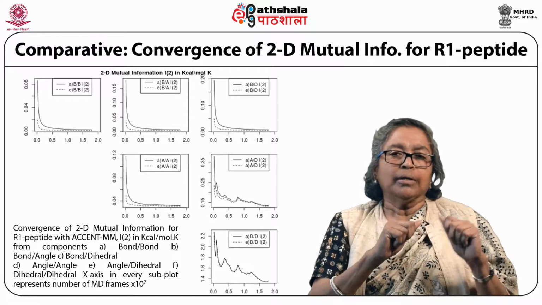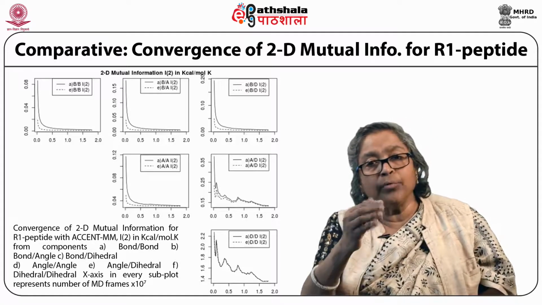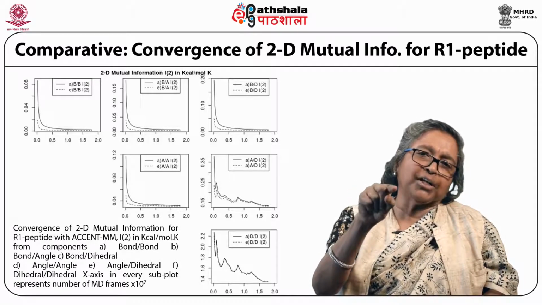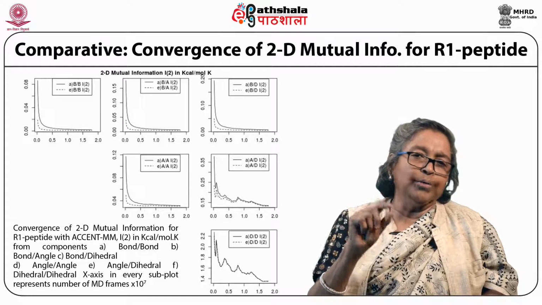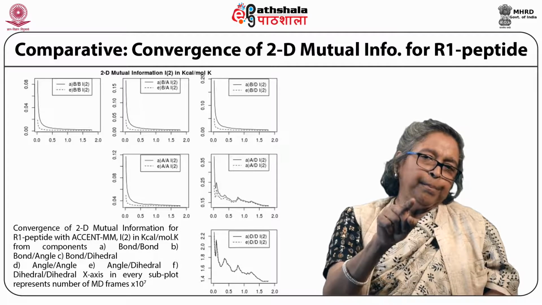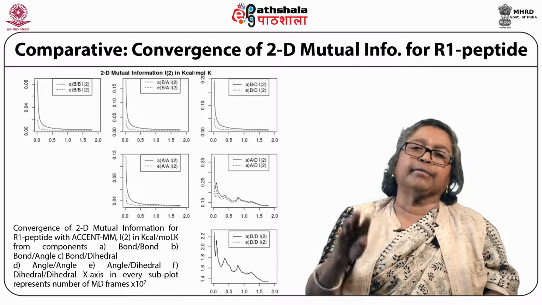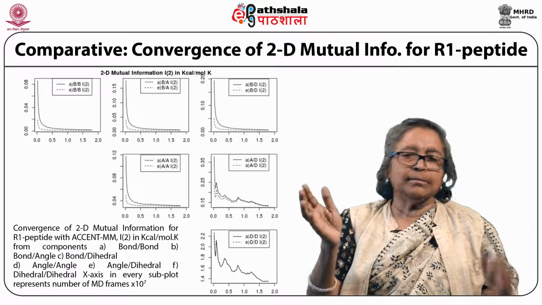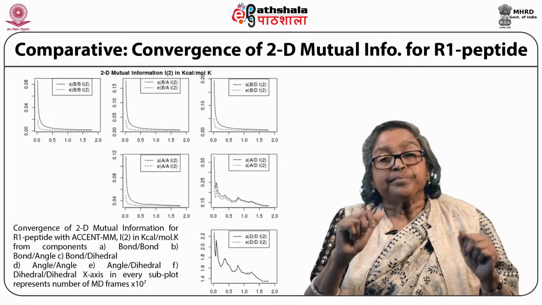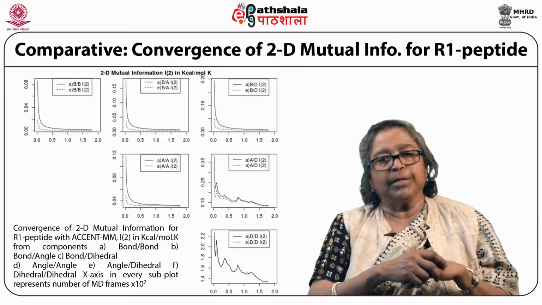Here I show you the other method called the ACCENT-MM method, by which I also want to show you that most of the conformational entropies are converging. However, you can notice the last two are converging very slowly. And that only tells you the torsions are the most difficult to get proper convergence with, if we run very little trajectory and collect fewer conformers.